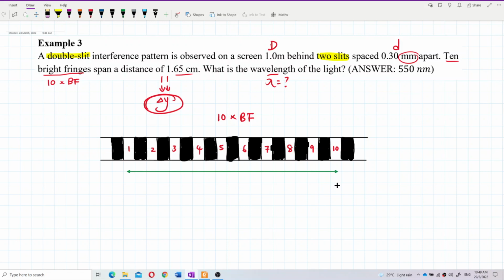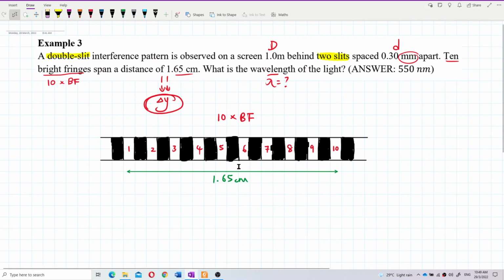Understand? So this is the 10 bright fringes spanning a distance of 1.65. So 1.65 cm is this one. This is 1.65 centimeter. Understand?